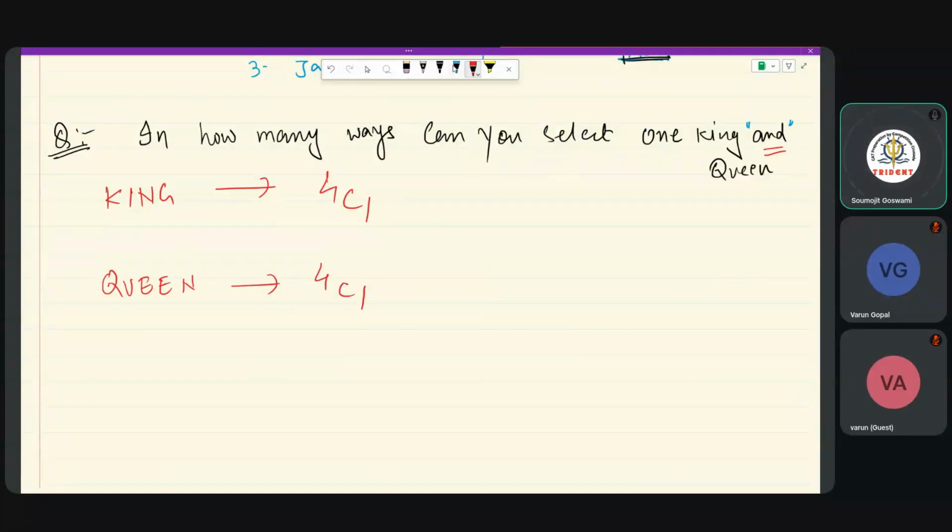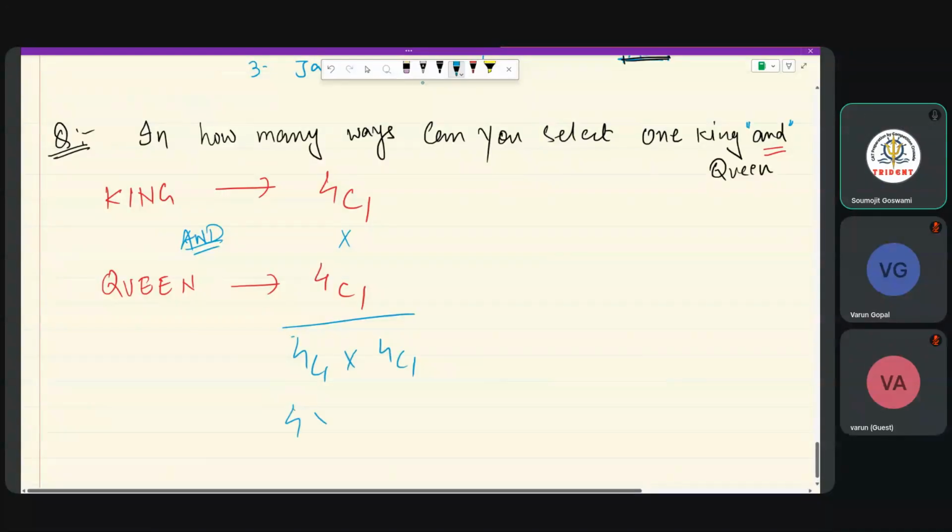But remember, they're asking for one king and queen, so AND. So this is your answer: 4C1 into 4C1. For somebody who wants to simplify, 4C1 is as good as 4, so 4 into 4. There are a total of 16 ways.